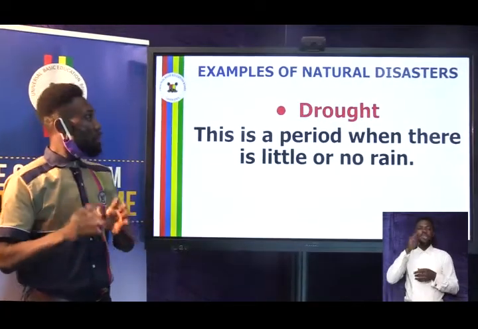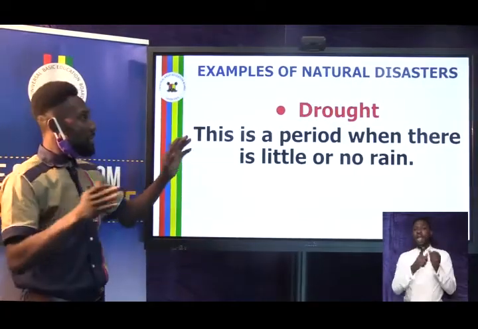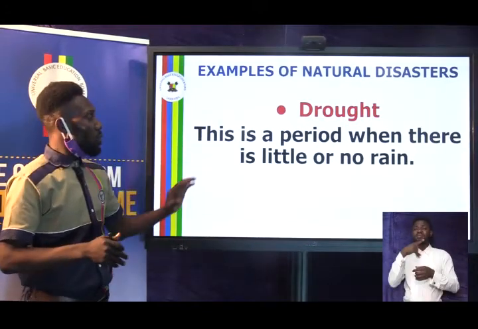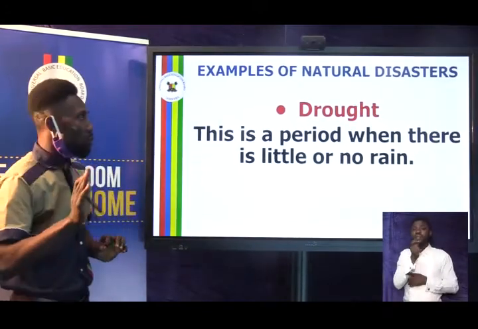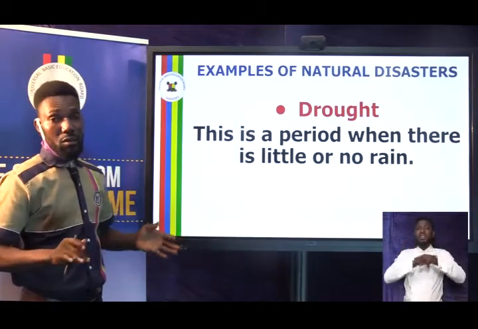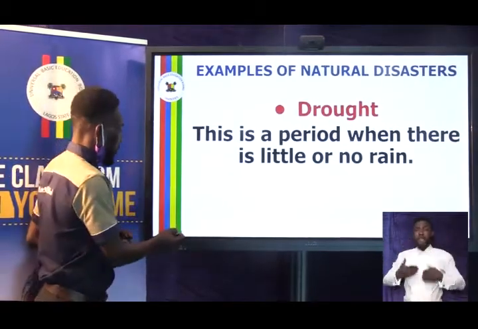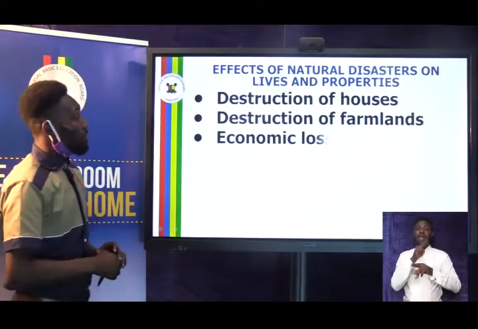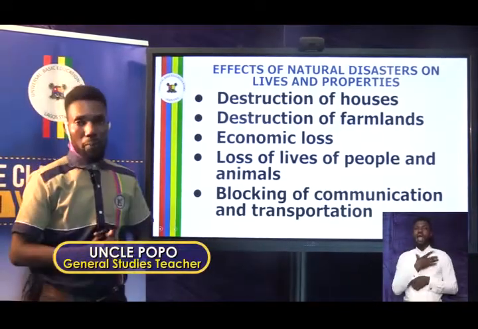So Nigeria is a blessed country because everything is in abundance for us. So drought is a period when there is little or no rain. It's a natural disaster. Nobody caused it. It just happened.